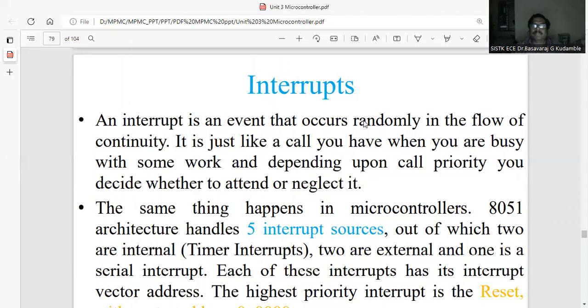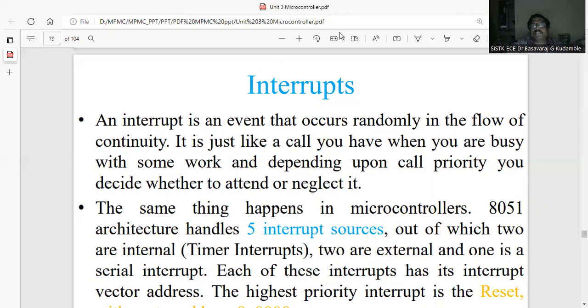Until the data is available, the processor should not be idle. It has to do its own function. Whenever data is available in that input device, it will send one signal to the processor. Then it will stop its function to read the data. In such a case, we can save a lot of time and make the processor efficient so that it will execute more than one task at a time. So that is the purpose of interrupts.